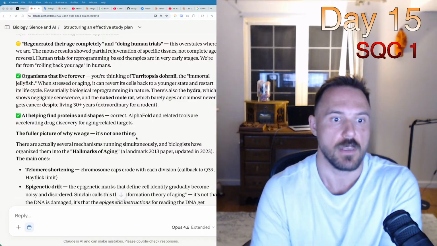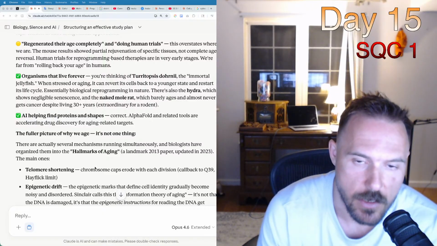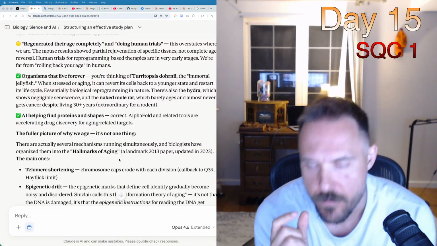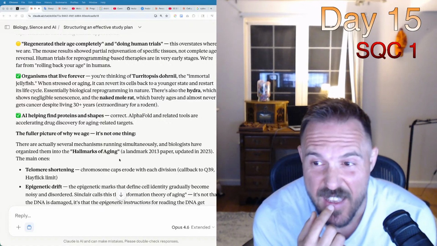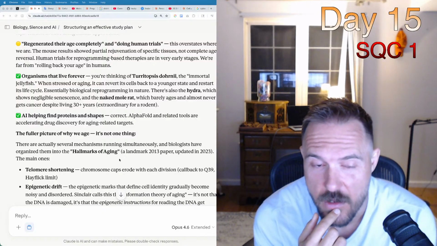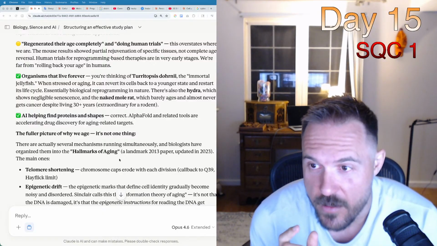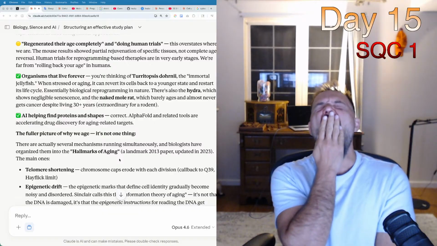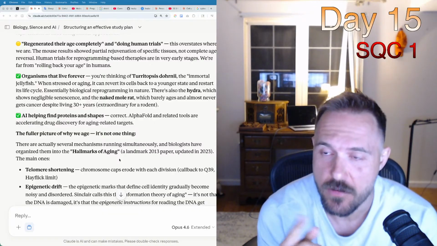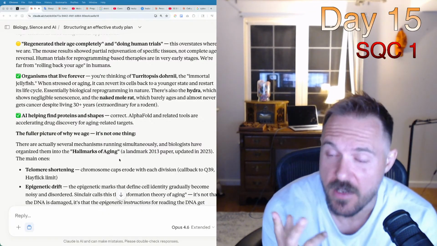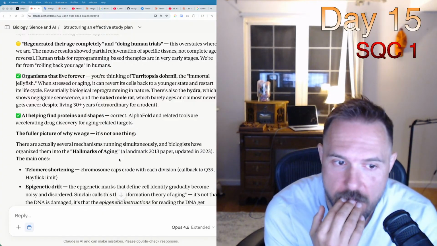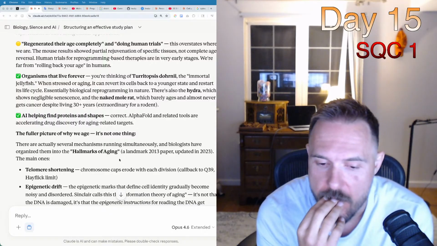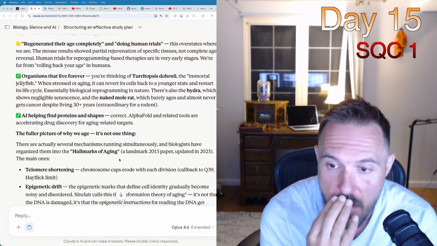The main one: telomere shortening. Oh yes, that's the ending of the DNA or chromosome. And when they shorten, when the cells divide too many times, basically 12 or something like this, then it's basically destroyed molecular structure.